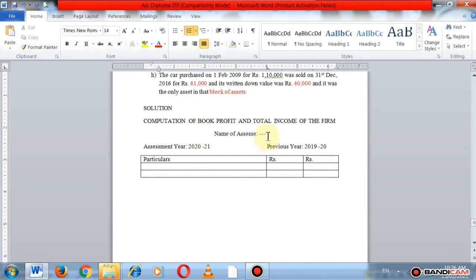Name of the firm. Assessment year 2020-21, previous year 2019-20.